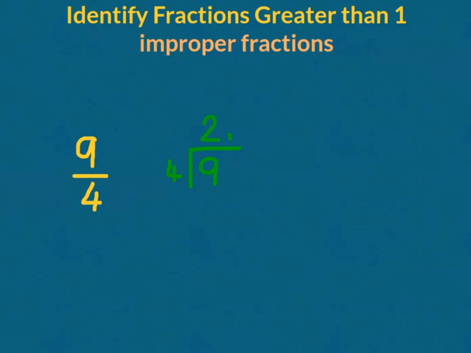Twice. Remainder 1. That is equal to 2 wholes and 1 part of 4. So 9 over 4 is equal to 2 1/4.